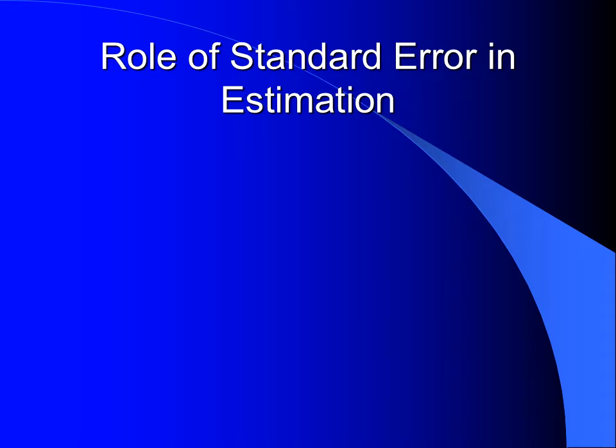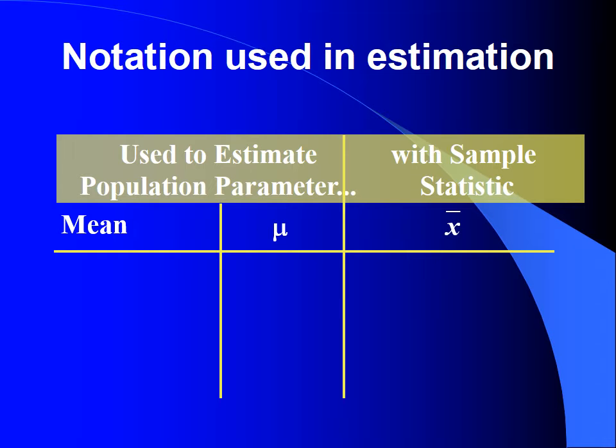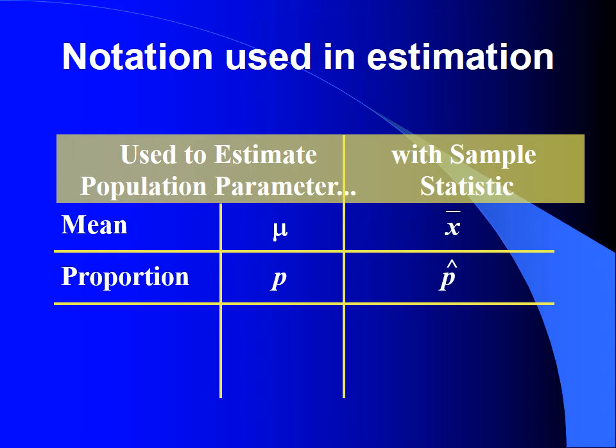Now we look at the role of standard error in the estimation process. If we look at the notation, the mean for a population, or a bigger group from which we draw a sample, is mu, and the sample statistic is X bar. Similarly, population proportion is small p, and sample proportion is p hat.